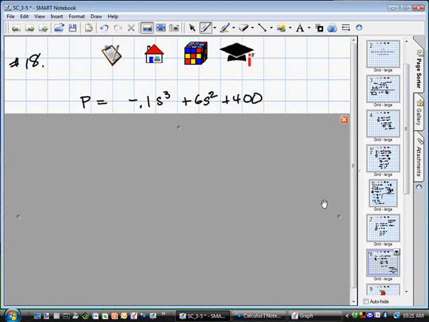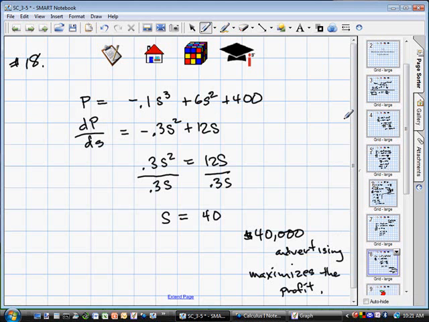I'm not quite sure why that fits there. So you just take the profit, take its derivative, set it equal to 0, and solve. I don't quite get what that's doing later in the assignment, but okay. There's not much to that. That's pretty simple stuff considering what we've got in our background now. I'll leave it up there a second.